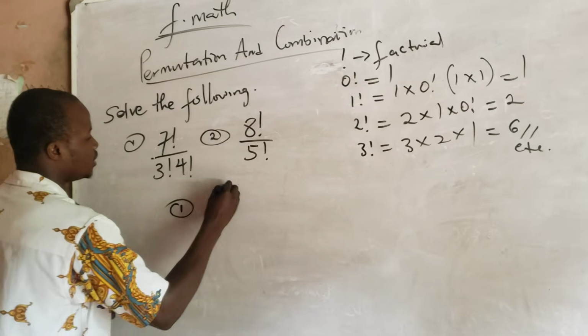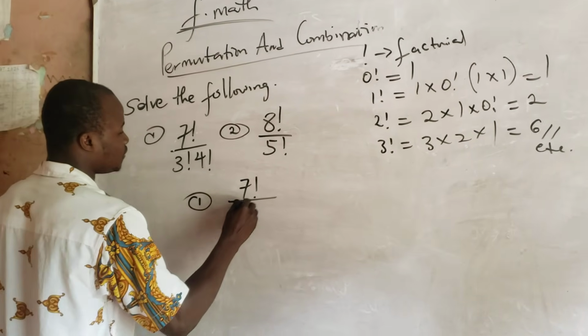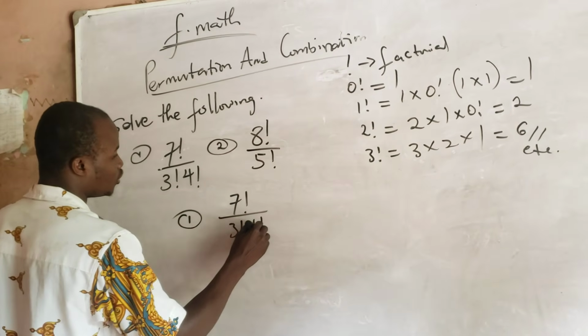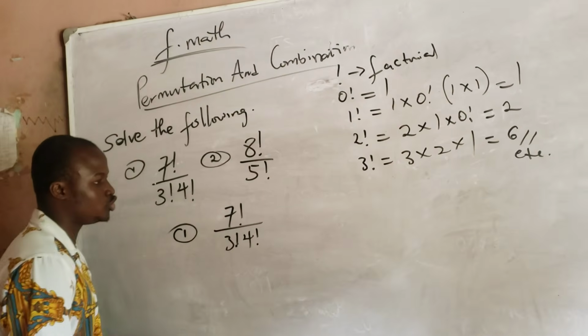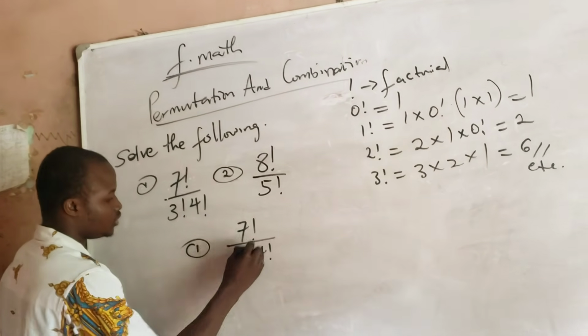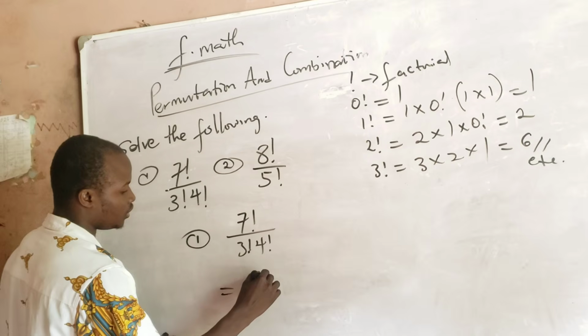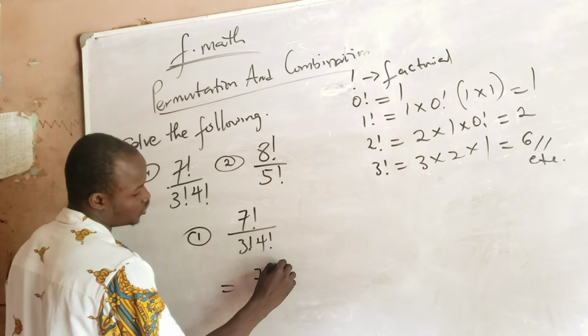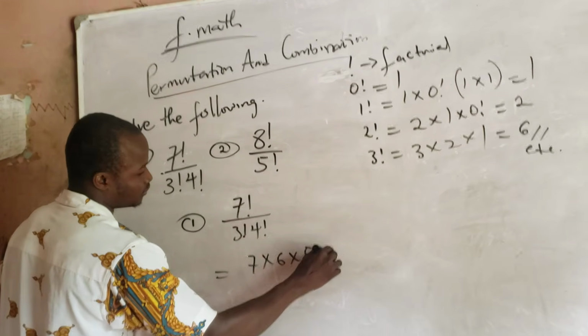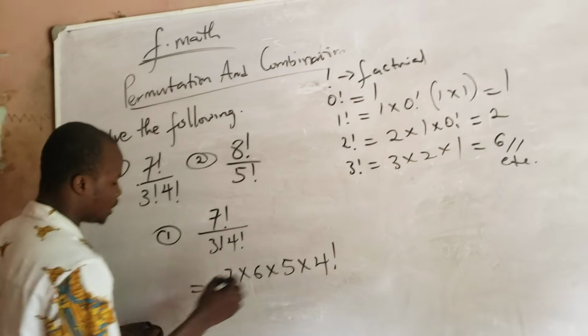Now, number 1 says 7 factorial over 3 factorial times 4 factorial. What are we going to do? 7 factorial is 7 times 6 times 5 times 4 factorial.